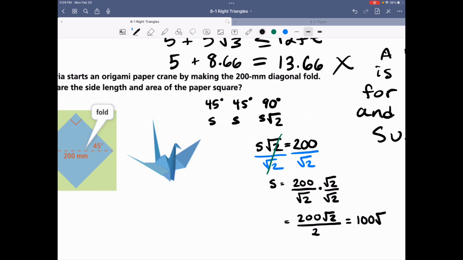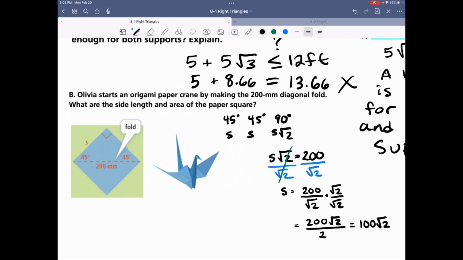So 100 square roots of 2, and that would be the side length S. So kind of write that in here, draw an arrow, that S equals 100 square roots of 2.